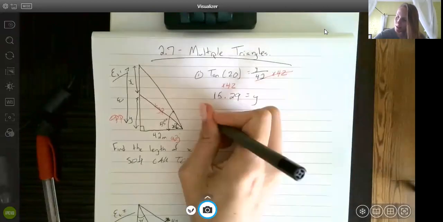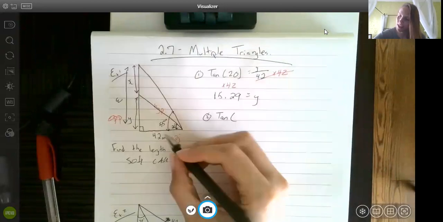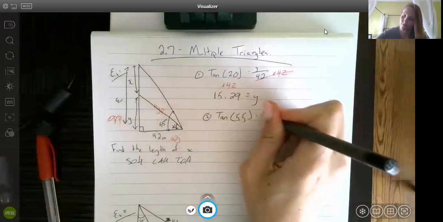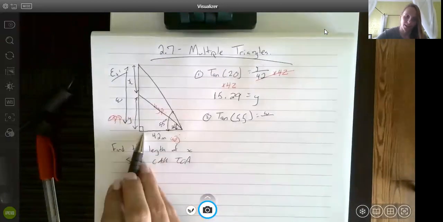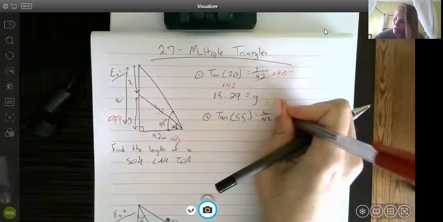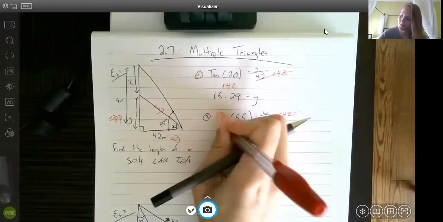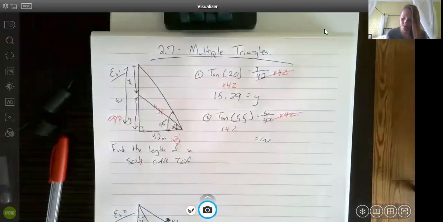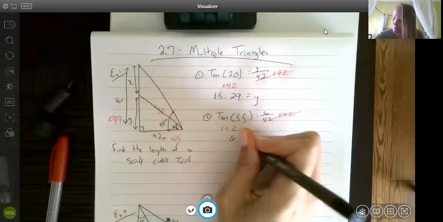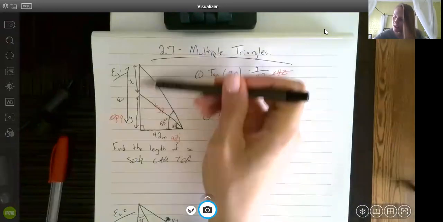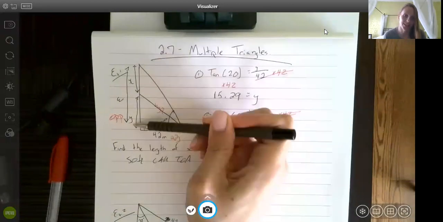So I'm still going to be using tan, but this time it is the tan of 55 is equal to W, my opposite side, over the adjacent side of 42. And once again, multiply by 42 on both sides. So the tan of 55 times 42 is 60. So this entire side of this large triangle here is 60.